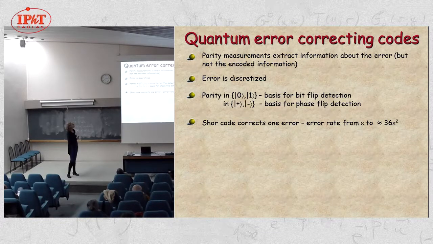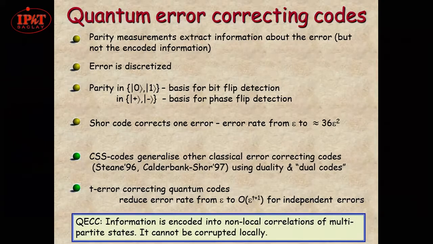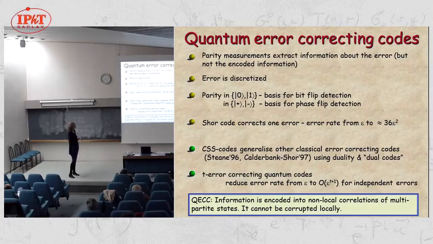And after Shor's original discovery of this 9-qubit code, which is a bit cumbersome, very long, there's been a whole flurry of activity which gave more generalized codes, where we could actually generalize classical codes to the quantum setting. And in that sense, the question was settled that you could correct T errors by choosing the appropriate code and reducing the error rate from whatever it was, epsilon, to epsilon to the power T plus 1.